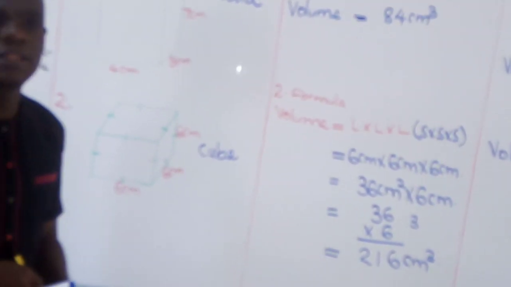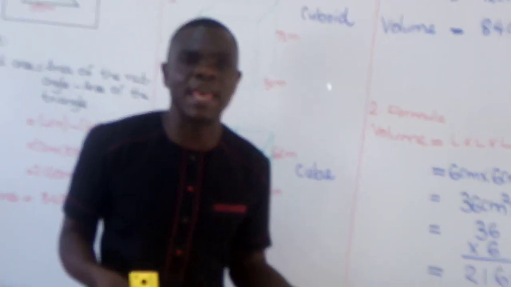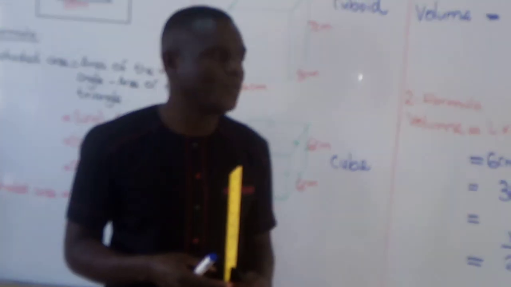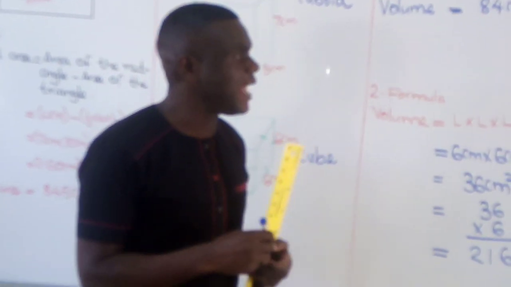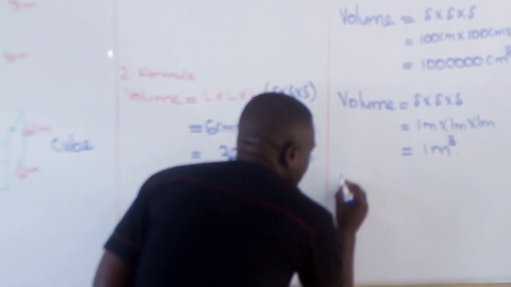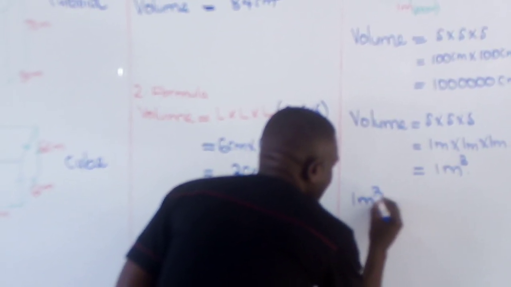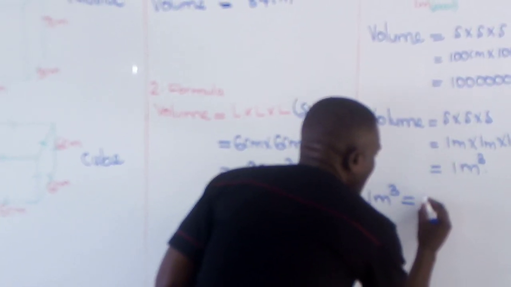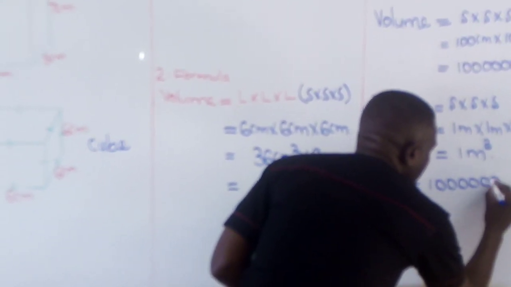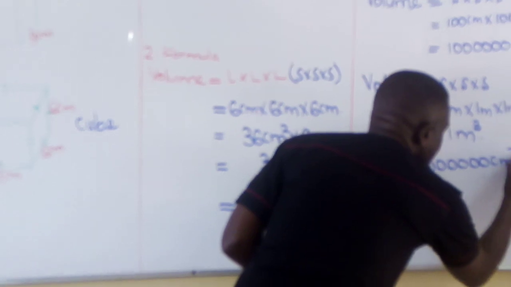Yes, Maxwell? What do we say, Maxwell? Very well. We say that 1 cubic meter is equal to 1 million cubic centimeters.